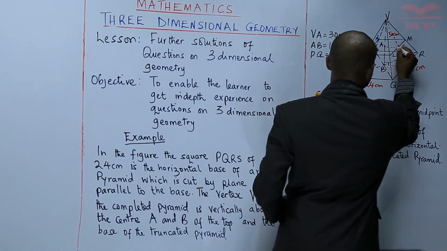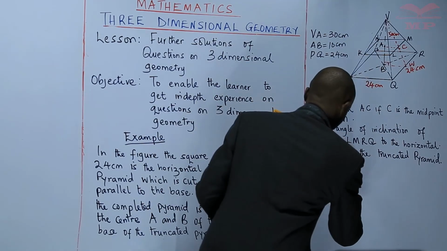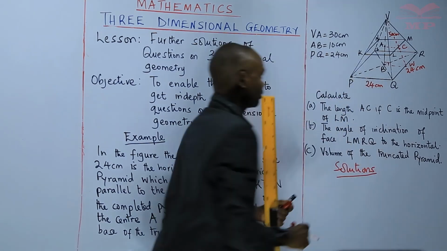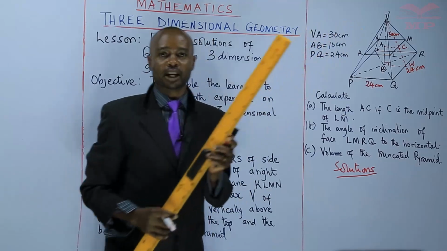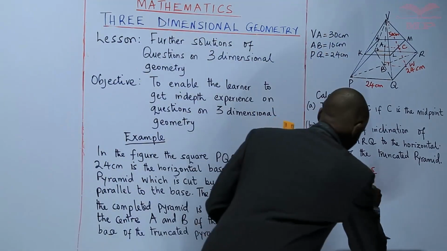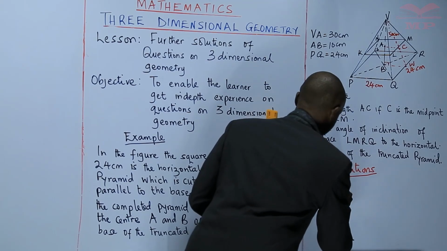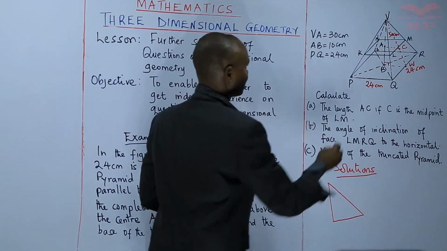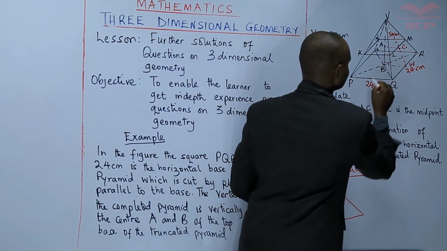So they want me to get AC. So in A, you come to the solutions. I'll get information from that and it will help me to get that. That is the top, the vertex.